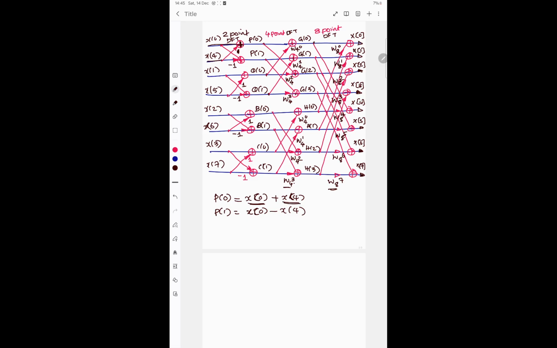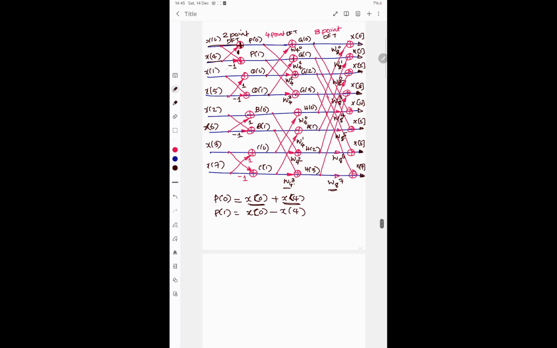To find the value of P1, we have the coefficient -1, so x0 will be positive but x4 is multiplied by -1, so P1 is equal to x0 minus x4. In the same manner we can calculate the values of Q0, Q1, B0, B1 and C0, C1.